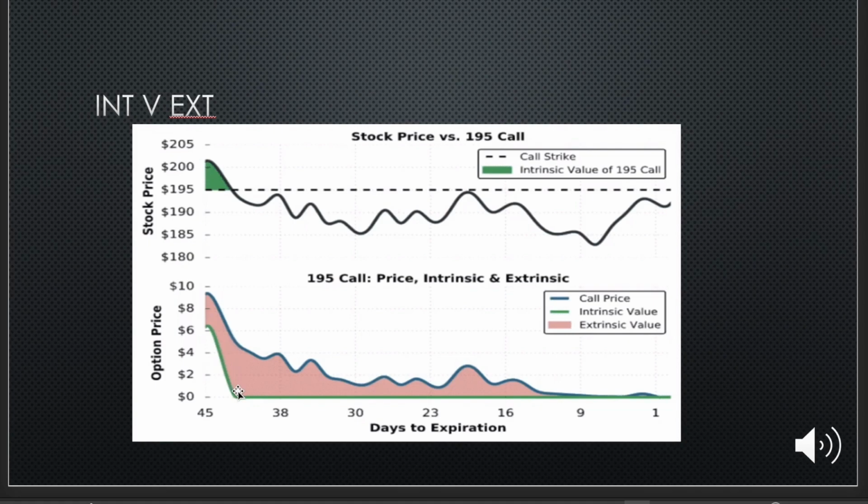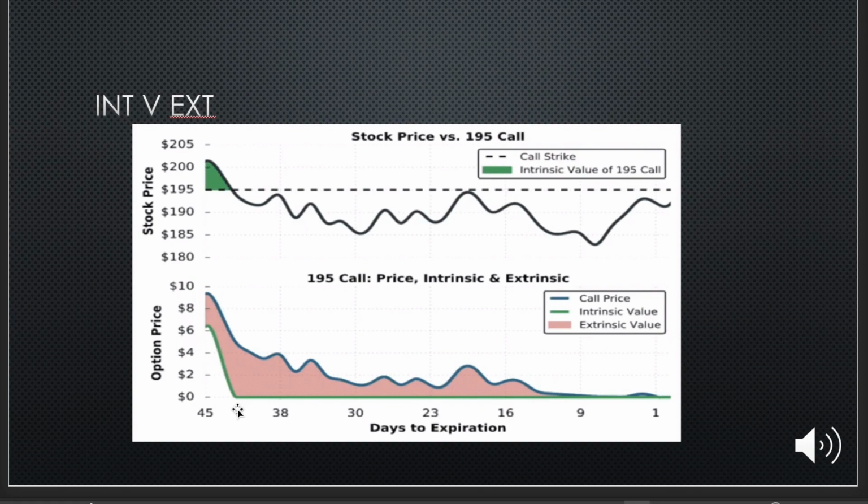It's traders saying, well, yeah, okay, it went down to 195, but it could go back up. There's a lot of time left. There's about 43 days left or something like that. I heard that they're coming out with a new iMac or a new MacBook Pro. They're coming out with a new iWatch or whatever.